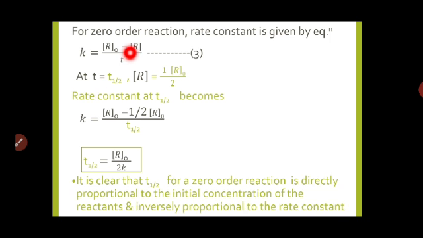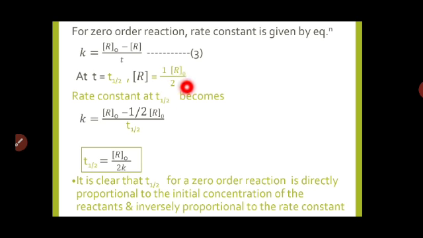Now at time t, at exactly half-life, when the initial concentration is reduced to half, t will be t half. Or let us consider at t is equal to t half, R will become R naught by 2, meaning the initial concentration will be reduced to half.